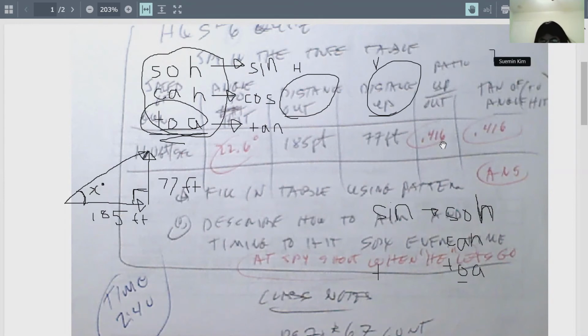So it's 77, right? And then let's move on to adjacent. Do you know what adjacent means? In this case, adjacent just means the side next to the angle. It would be the 185. And so it would be 77 over 185. That's how you find tangent. And that's why it equals the up and out, because those are the corresponding sides.